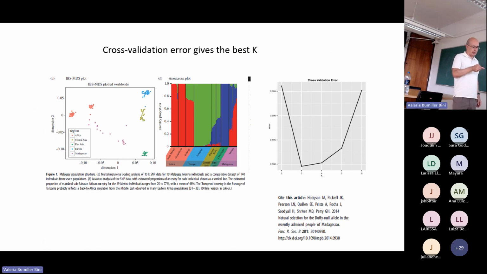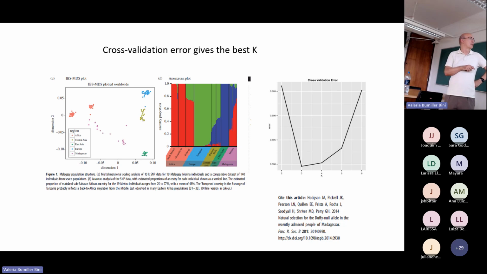And we can compute the cross-validation error, and the K with the lowest cross-validation error gives us the better partition. This case is about Madagascar, and this is telling us that the best representation is with 3.